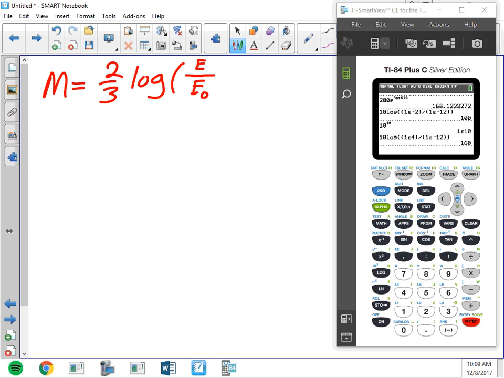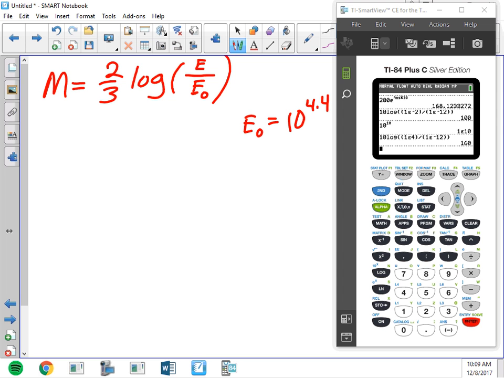So E divided by E naught. And E naught is a defined term. E sub 0 is equal to 10 to the 4.4. Okay, and the same basic idea applies.